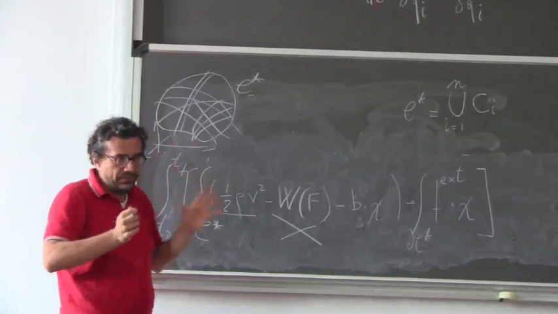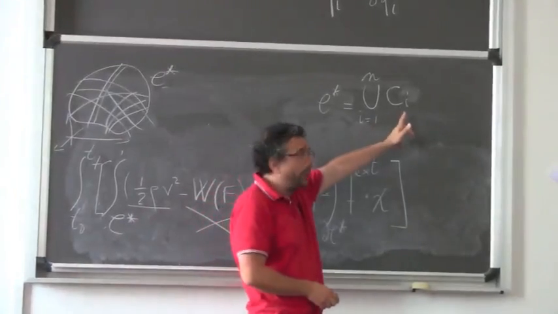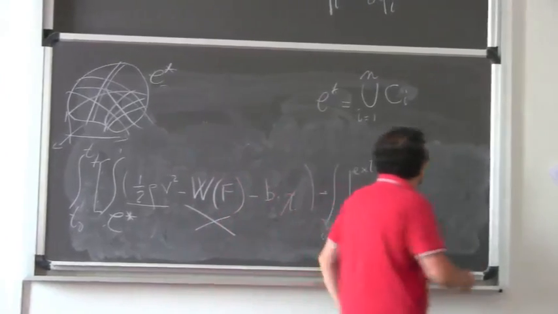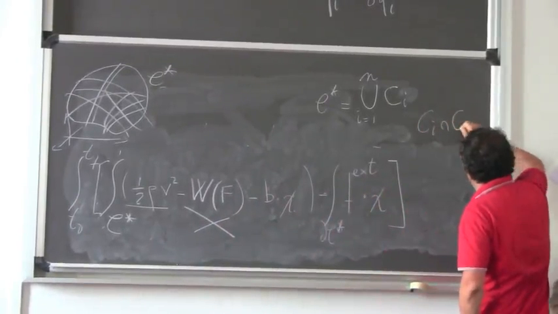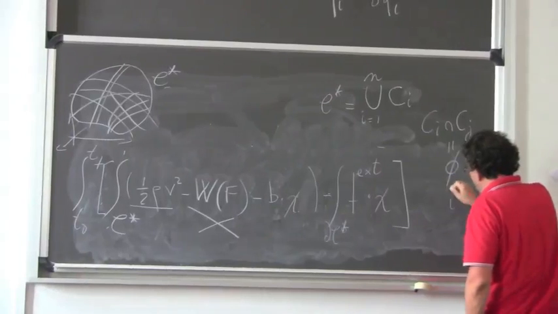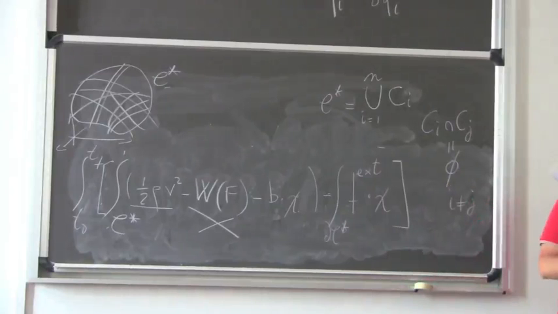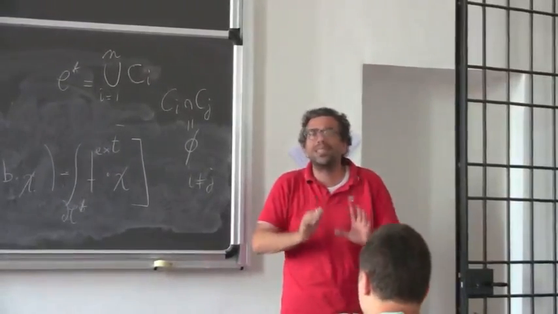It doesn't matter. You have a finite number of subsets of C star, having also the beautiful characteristic that Ci intersection Cj is empty when i is different from j. So you have to be careful with the boundaries. Okay? This is what mathematicians call a partition.